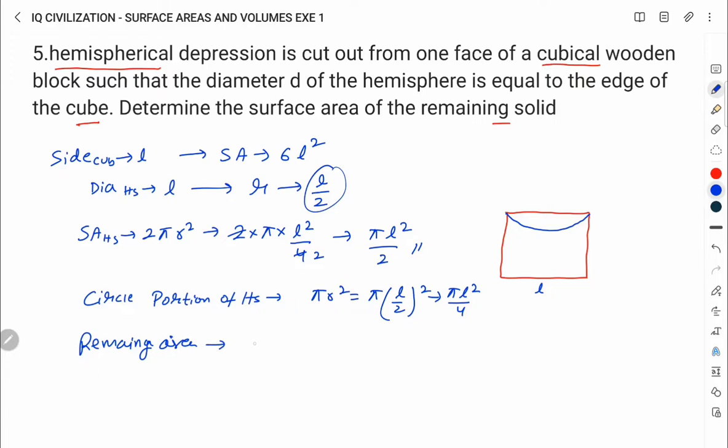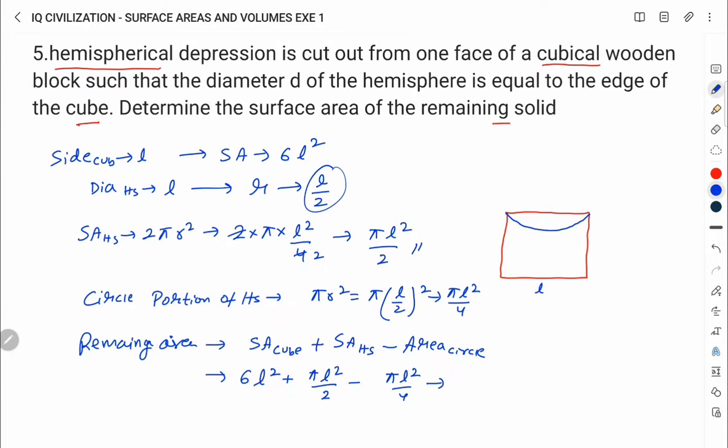Remaining area is nothing but surface area of the cube plus surface area of hemisphere minus area of the circular shape. So that is nothing but 6L square plus pi L square by 2 minus pi L square by 4. See, all are written above.